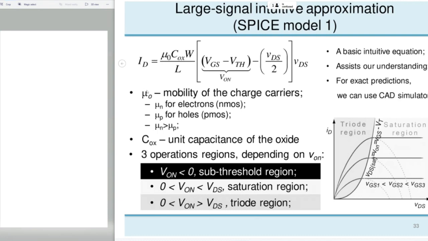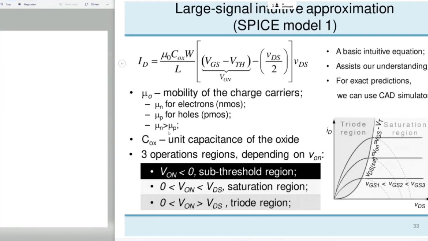The mobility, of course, here for electrons, for the NMOS transistor is mu-n, and for the PMOS it is the mobility of the holes. And here is again a point that you can memorize directly.